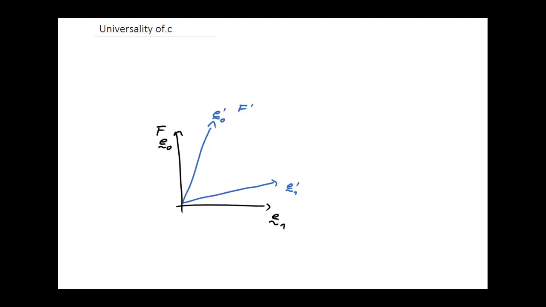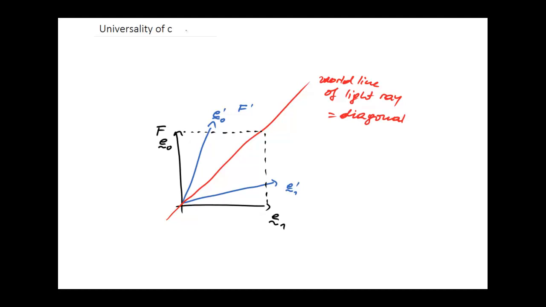And it's just a diagonal. This is a world line of a light ray. And you see in the unprimed frame, after 1 unit of x naught, the light ray travels 1 unit of x in the spatial direction.